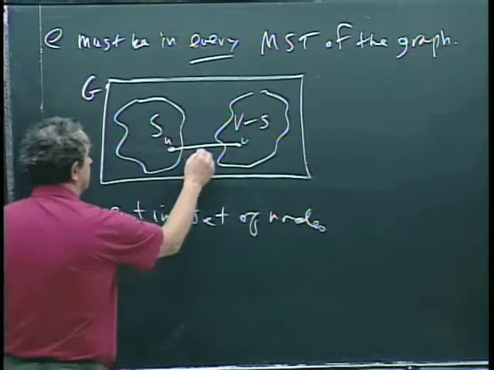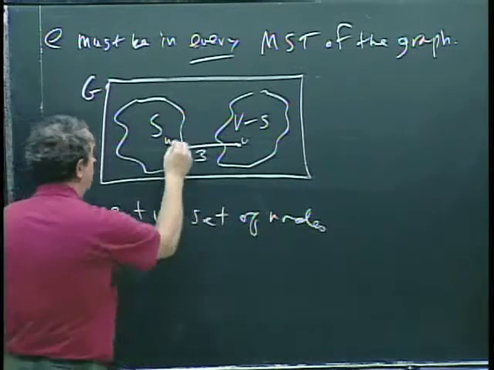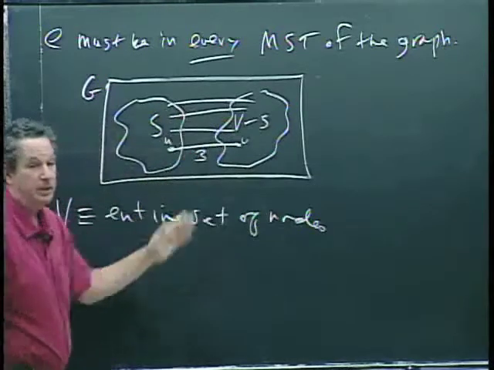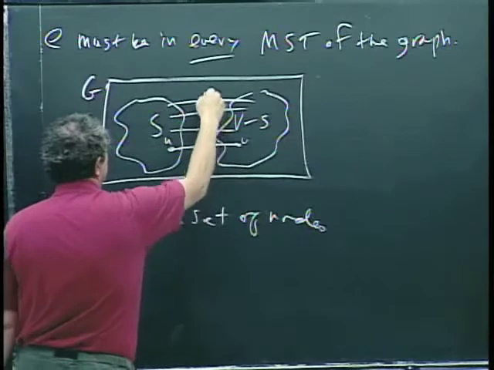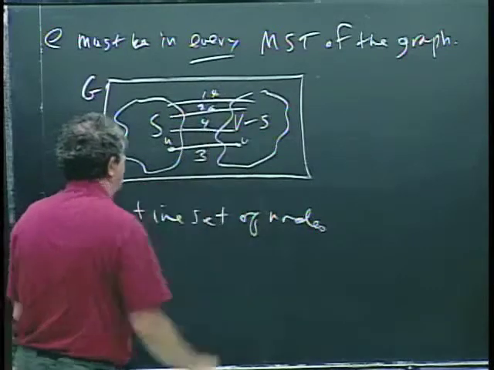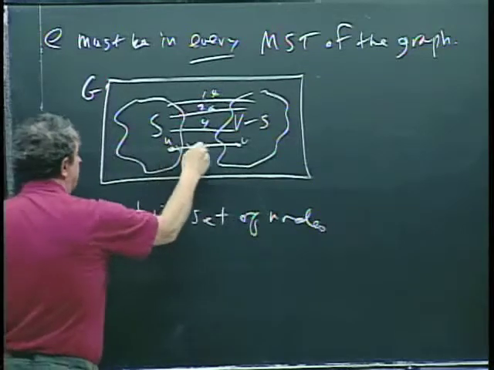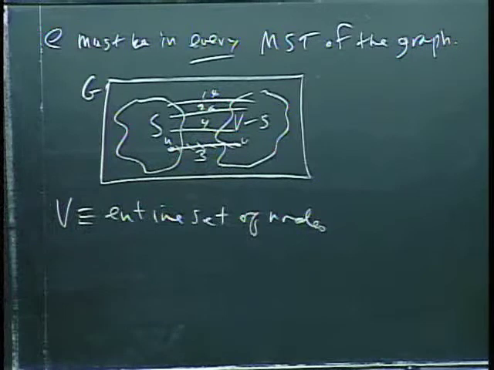So if this is, let's say, a 3, and all the other edges that cross from S to V minus S have weights that are larger than 3, 4, 14, 26, whatever, then this edge will necessarily be in every minimum spanning tree of the graph. So we can take a look at this over here, okay?